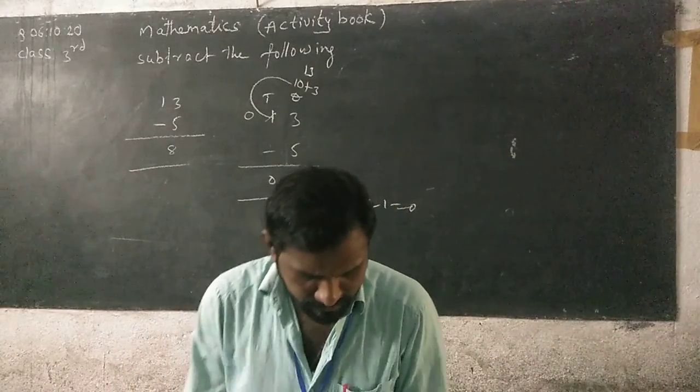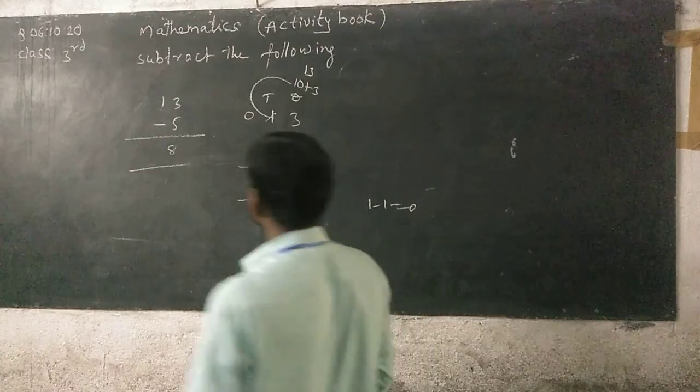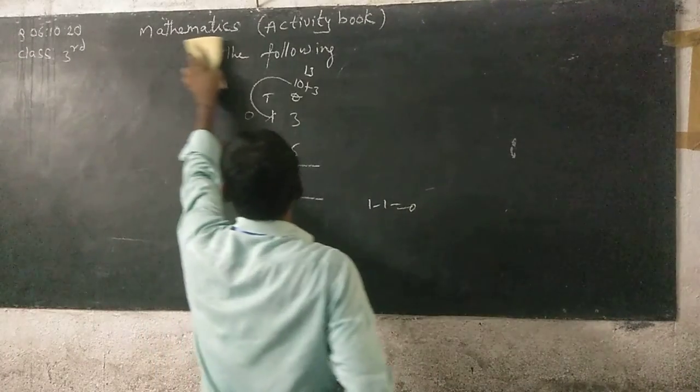Next, solve the following 2-digit subtractions. This is very, very important. Listen carefully, beta.